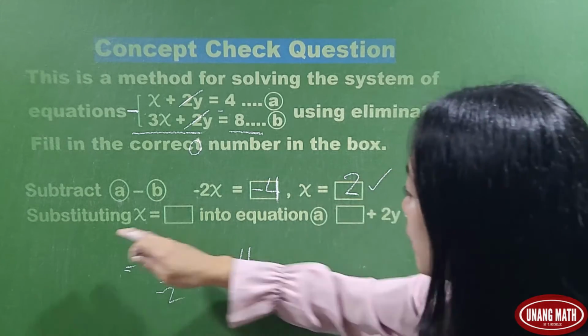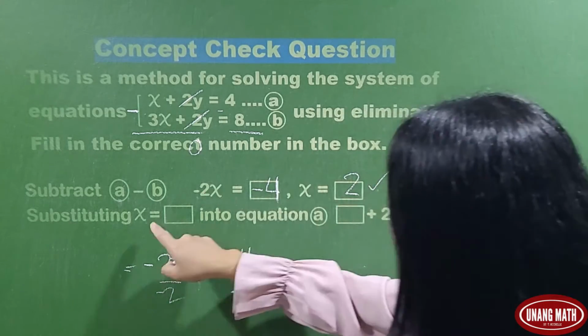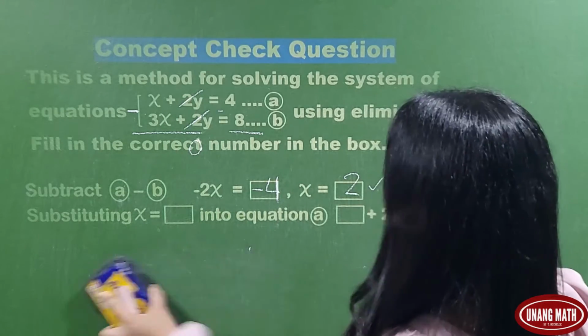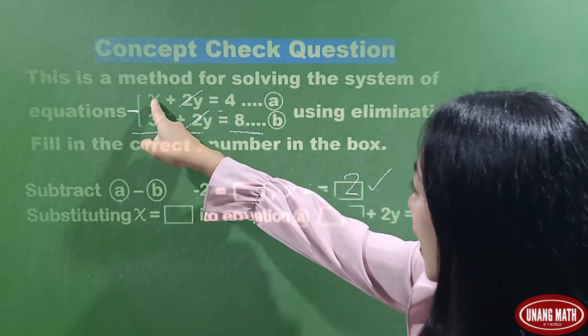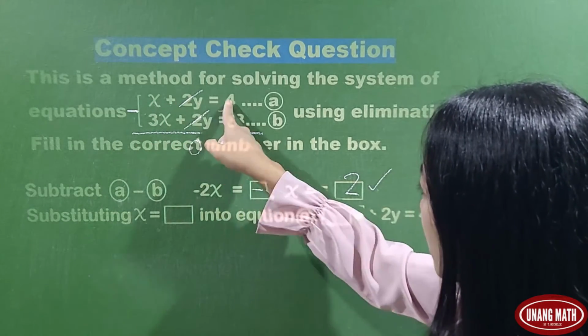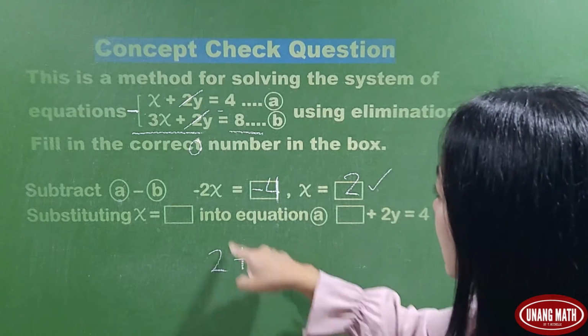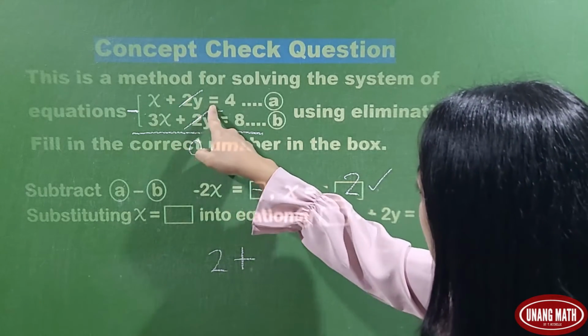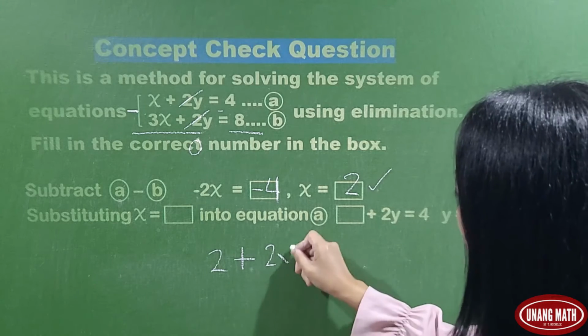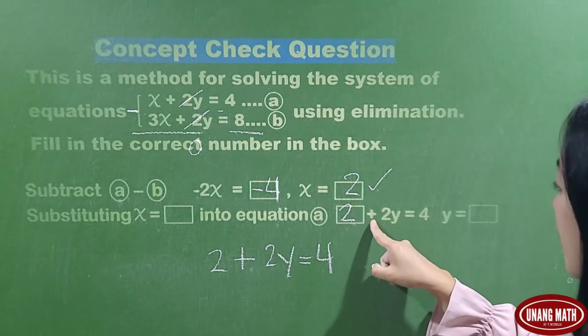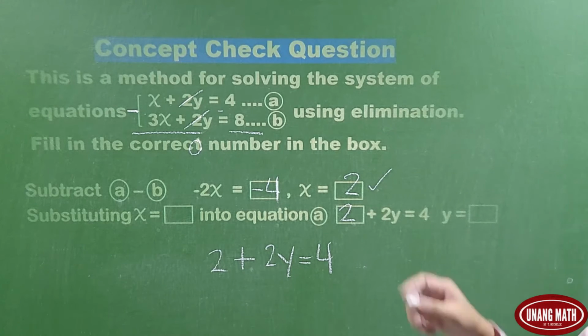So we are now ready to substitute the value of x into equation A. Our x is 2. Equation A here is x plus 2y is equal to 4. So this is now 2 plus 2y is equal to 4.